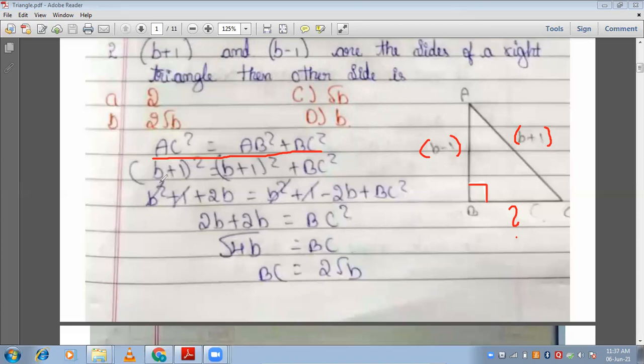So now apply the a plus b whole square formula, which is a square plus b square plus 2ab.